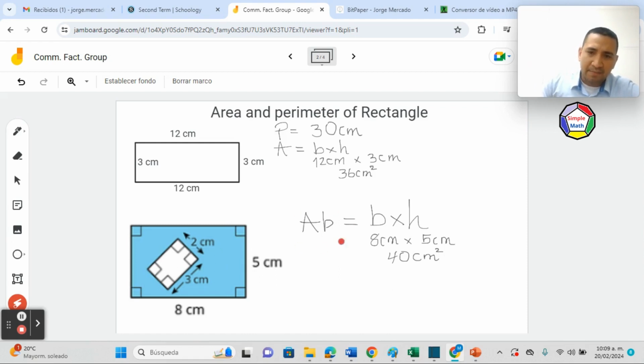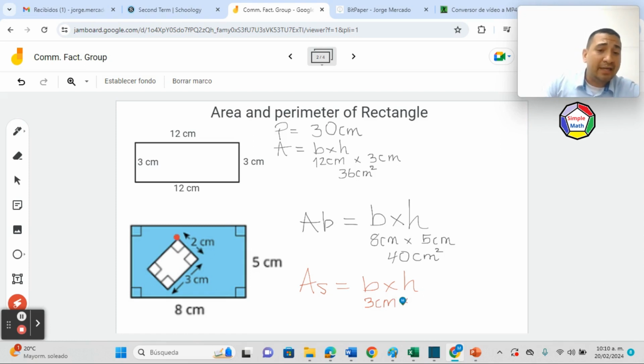So now let's calculate the area of the small rectangle. The area of the small rectangle, let's call it AS, is the same formula, base times height, and then the base, look at the base, is 3 centimeters times the height.